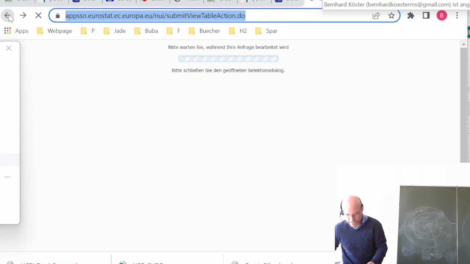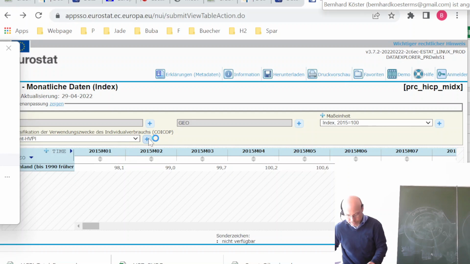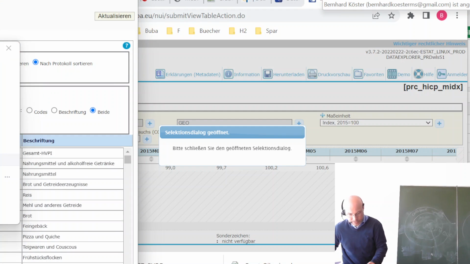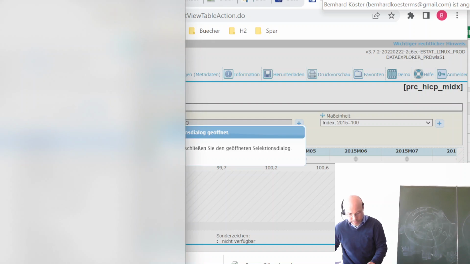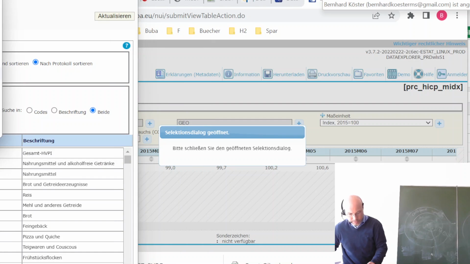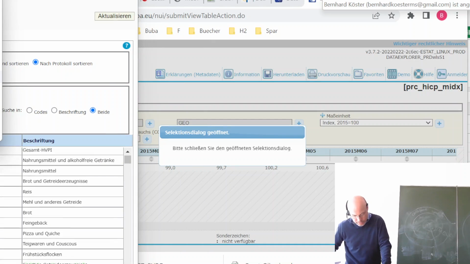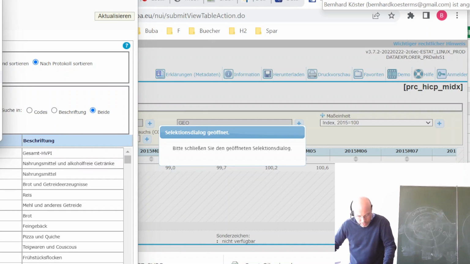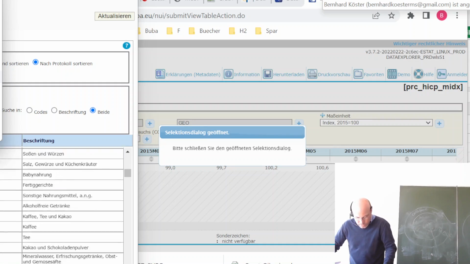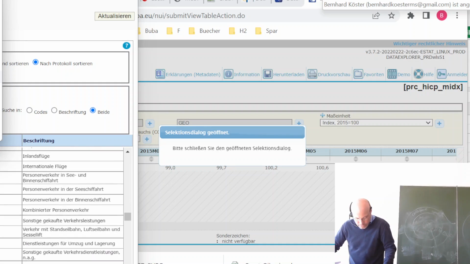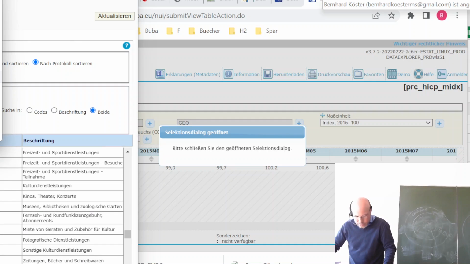Data. Again. And we need not total, but also non-energy. And this will be also down here.